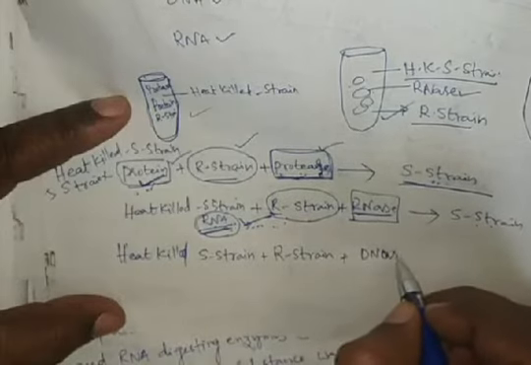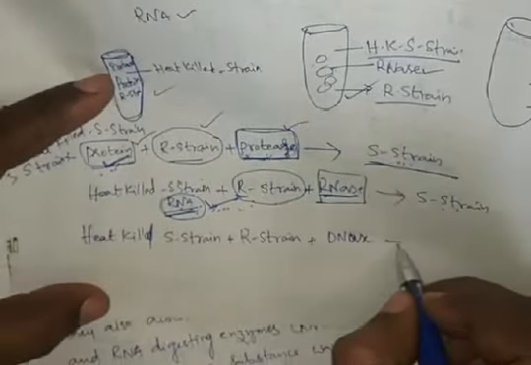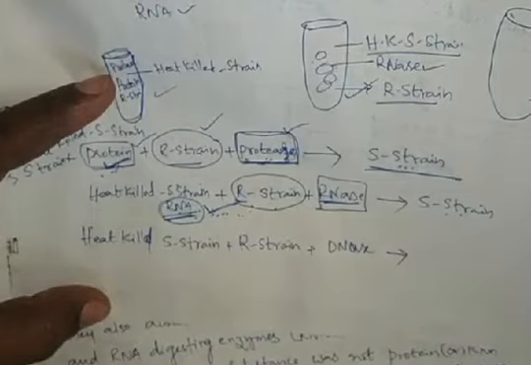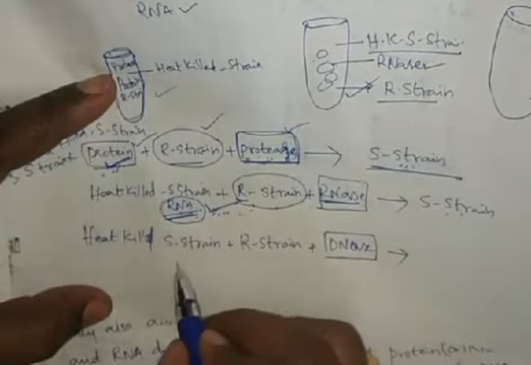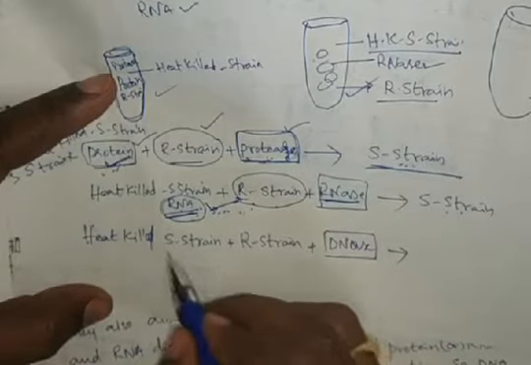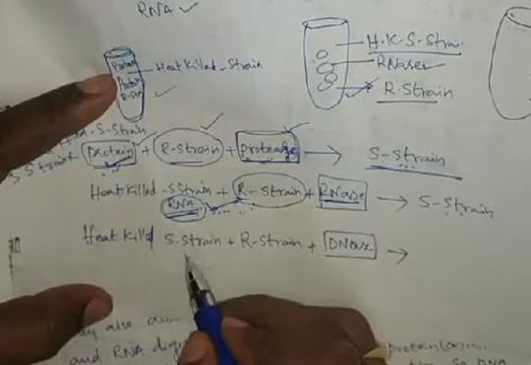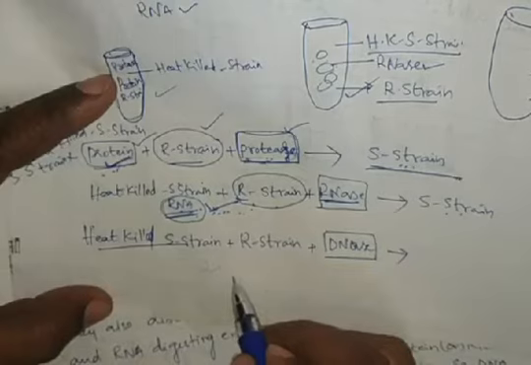So what happened? This DNase digests the DNA of the S strain, the purified DNA present in the heat killed S strain.